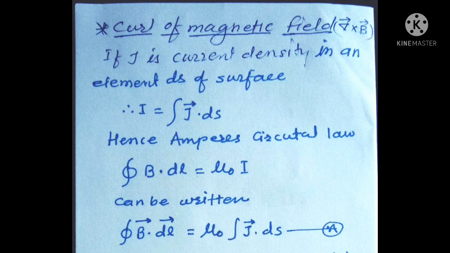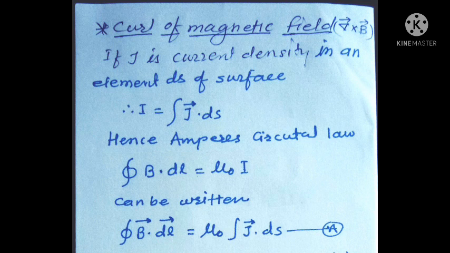If we put the value of I from the above equation, then we can write closed integral vector B dot vector dl equal to mu 0 into integration vector J dot ds.